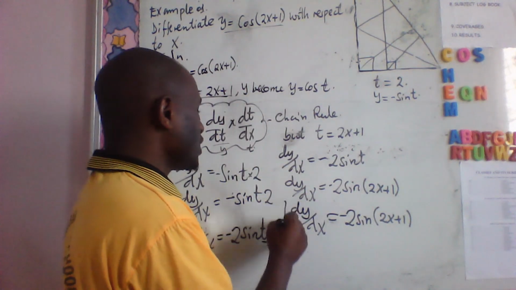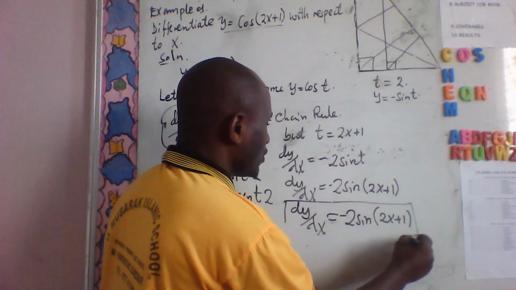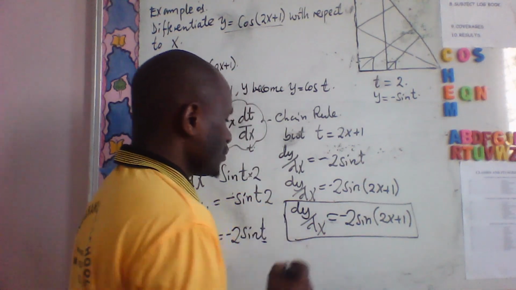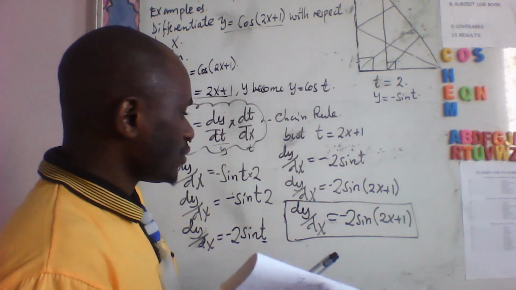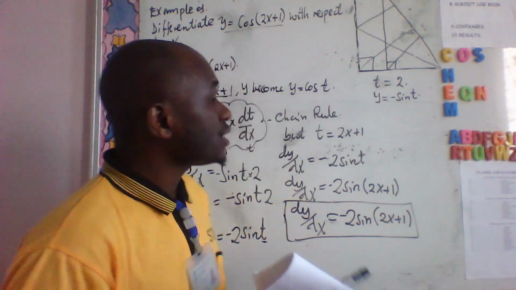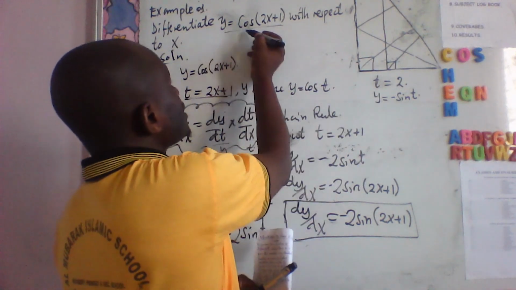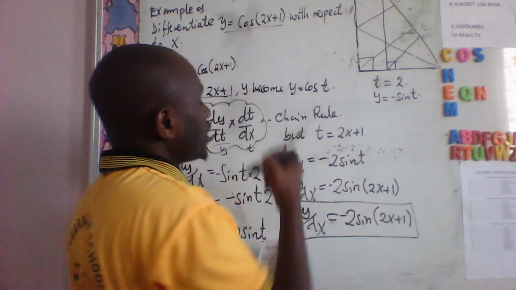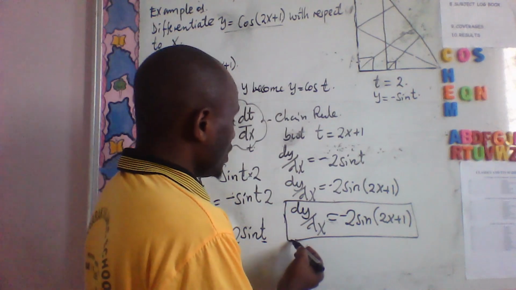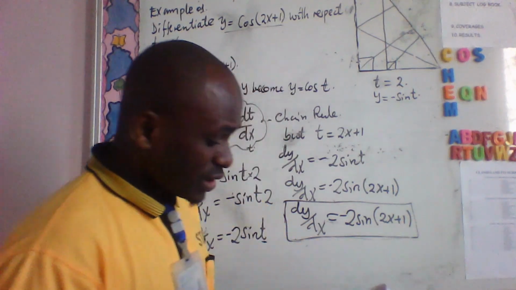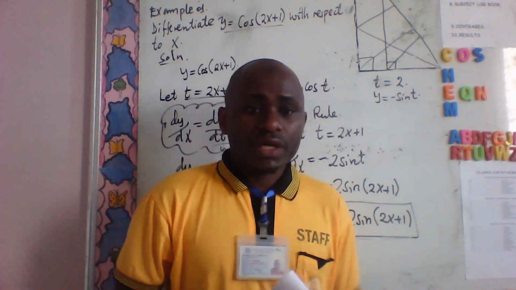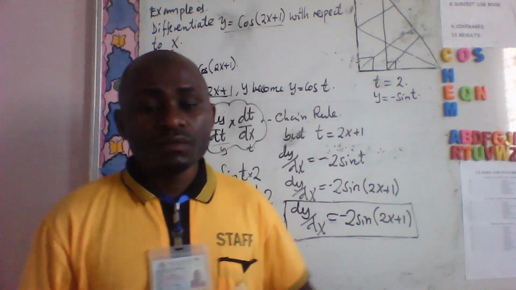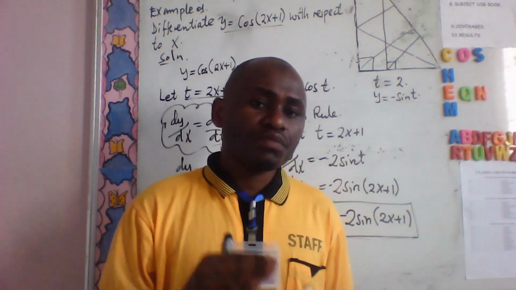So this is how to differentiate using the chain rule. When you differentiate y is equal to cos of 2x plus 1 with respect to x, you end up with this result. And this is how to deal with differentiation by chain rule, step by step.